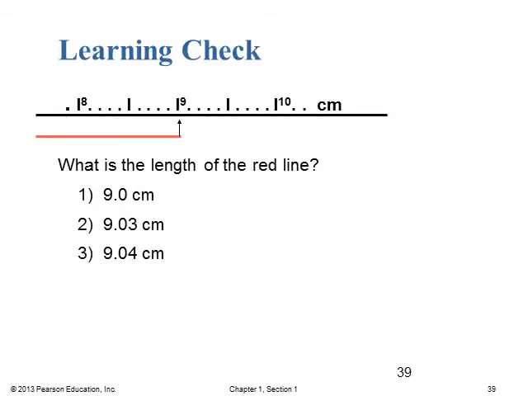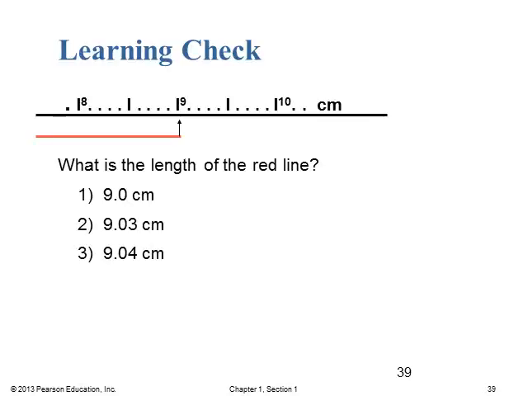So here is another example, very similar to the one we did with the blue line. Here we're asked to measure the length of the red line. We have this meter stick that has lines for each centimeter. And here we see the red line going slightly past the 9 centimeter mark, but it's not quite at the 9.1 centimeter mark. Since this measuring tool measures at each 0.1 centimeter, we're allowed to report 1 digit past that.